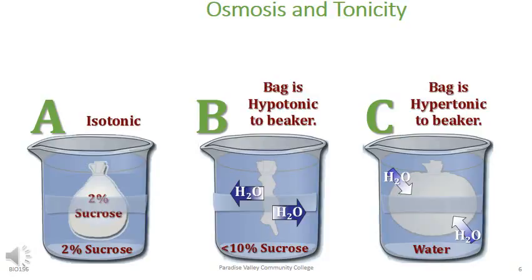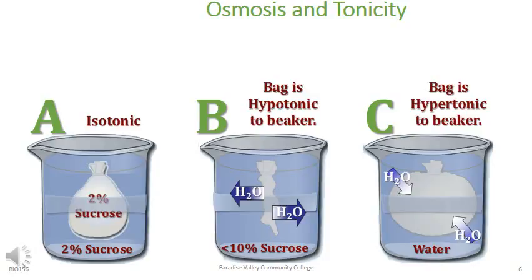Okay, so a hypertonic solution will cause the solute to expand. That's what's happening in beaker C. A hypotonic solution will cause the solute to shrink because it's losing water, or crenate, as it's called. And that's what's happening in beaker B.